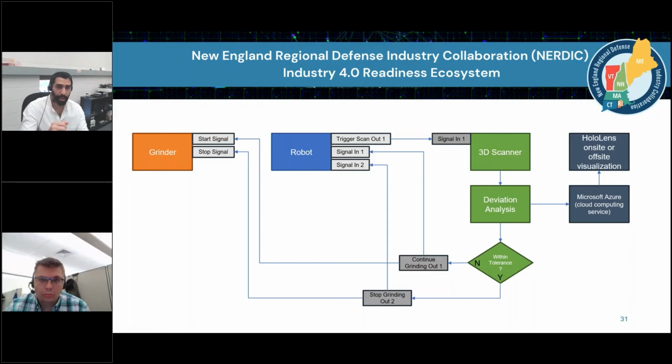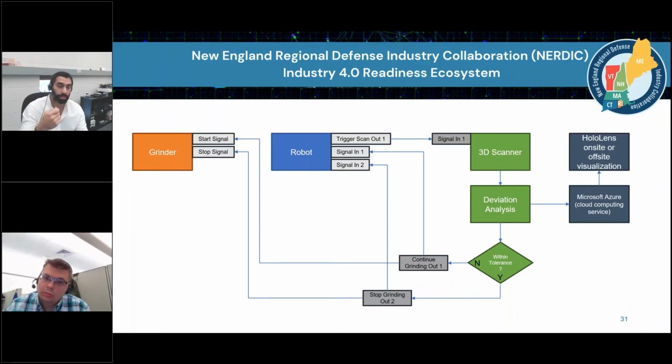This can be somewhat of a manual process. Then once you do determine that, you'd have to come up with a process to actually do the repair. That could be that you take it over to a welding process, you add metal where it's needed, and you make sure you have enough positive material there, such that when you bring that part over to a grinding or machining process, you're able to machine that amount of material just added back down to nominal.